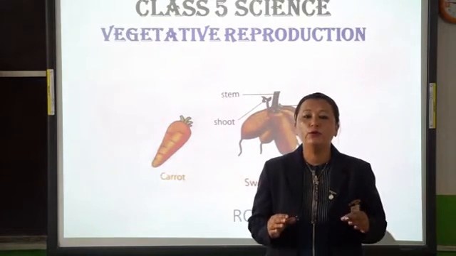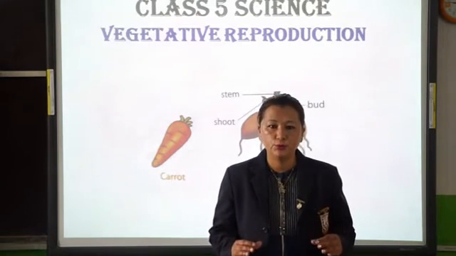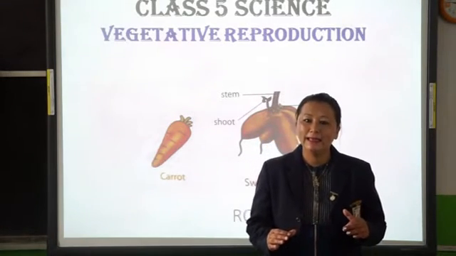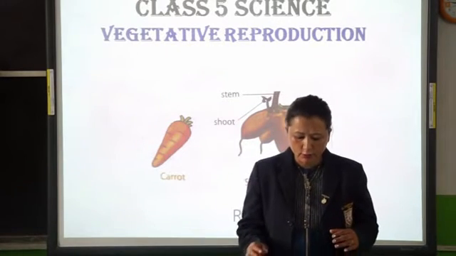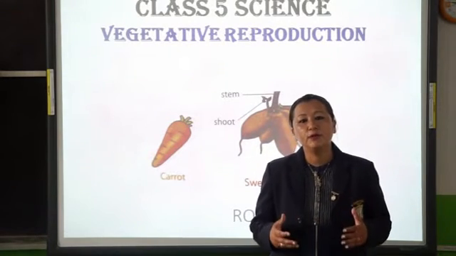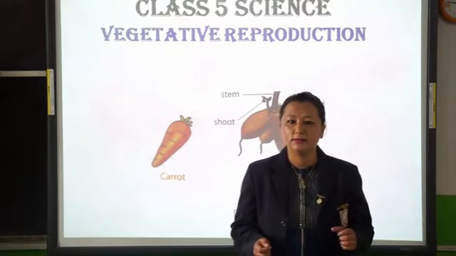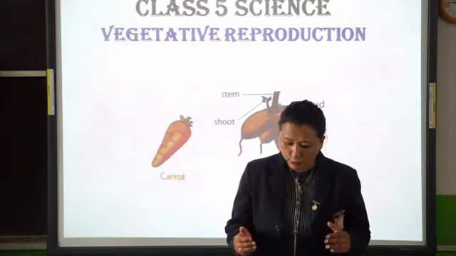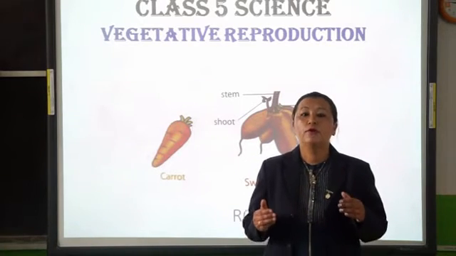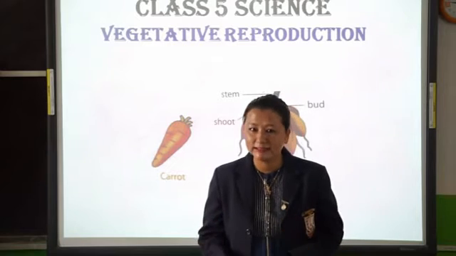And you all know that plants reproduce through seed, leaf, stem or roots. Plants reproduce in many different ways. Some plants can also reproduce from parts apart from seeds.